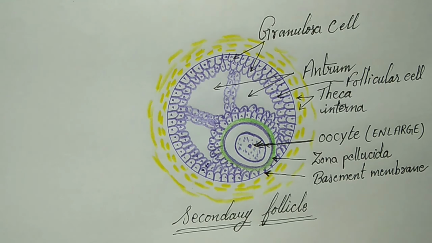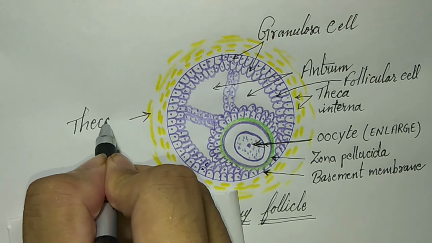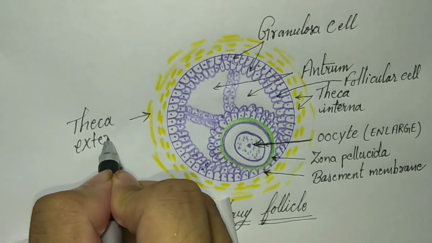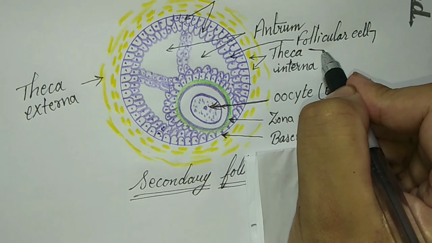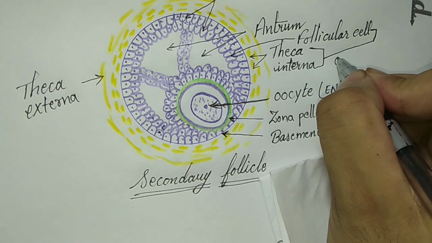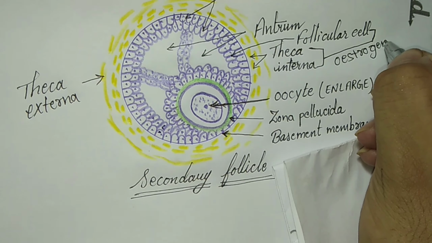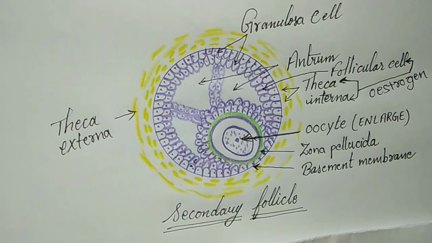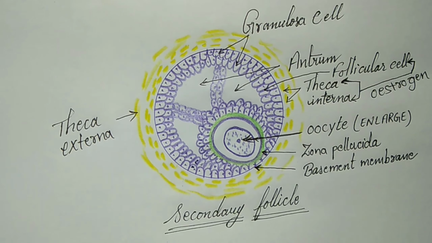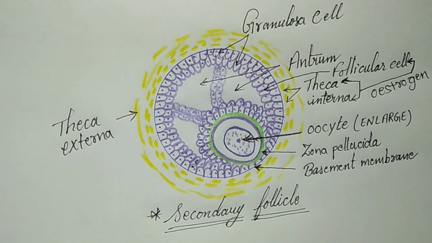And here the outer layer is called theca externa, the outer fibrous layer. This completes the secondary or antral follicle.